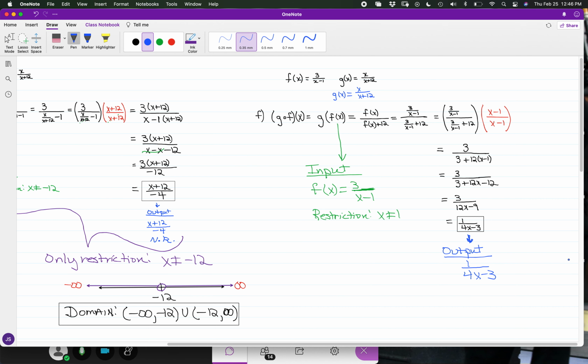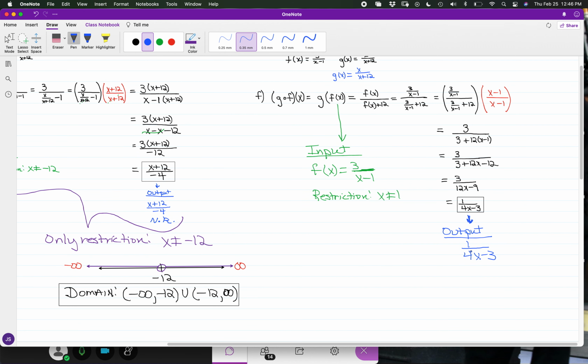For the restriction on this one, 4x minus 3 cannot be equal to 0, so 4x cannot be equal to 3.